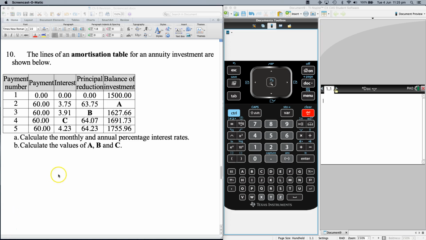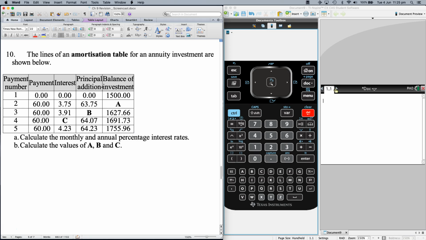Now, I'm just going to correct something here right now that I've just noticed. This says principal reduction, and that is actually not going to be a reduction because this is an annuity investment. If you have a look, the interest is increasing, the principal addition is increasing, and the balance of the investment is increasing, okay?